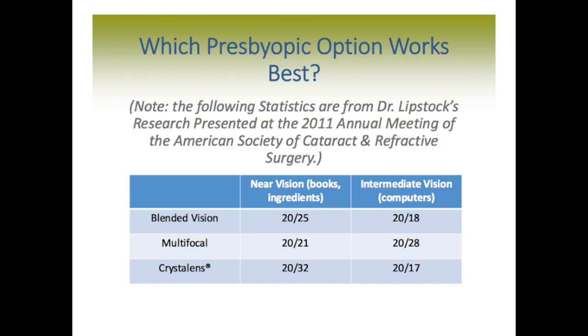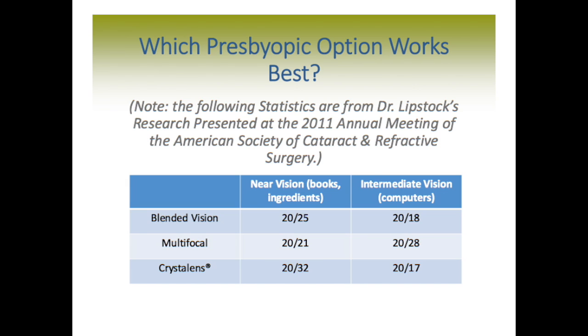As I said, with blended vision, plan on wearing drugstore reading glasses for the smaller print, just to make it a little easier. And many of the crystal lens patients, where that lens has some movement to it, if you're setting both eyes for distance and relying on that movement to see at close, it's a fair result at 20/30, and very good for intermediate for computers, but they definitely drop off for reading magazines in smaller print and in dim light.